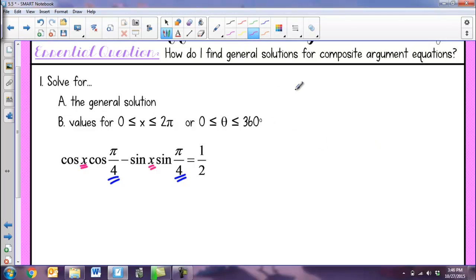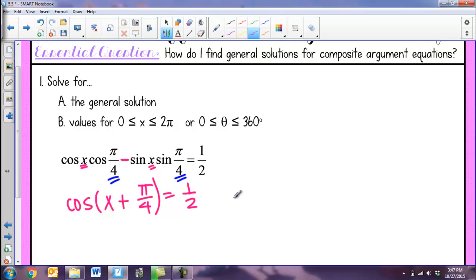So if I look at my formula chart and I notice that I have a cosine and a cosine together, which means that I'm going to be finding a composite argument of a cosine, and then since it has a minus sign in this equation in the expanded form, it's going to have a subtraction a plus in the other way. It goes opposite for cosine. And so my a would be x and my b would be pi over 4. And then it equals 1/2.